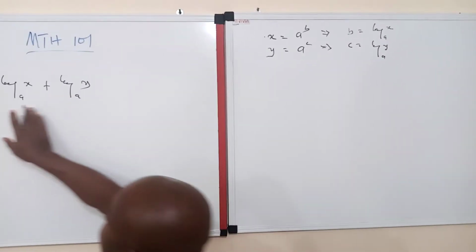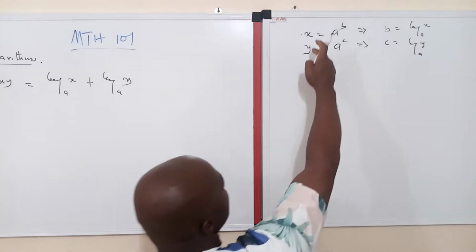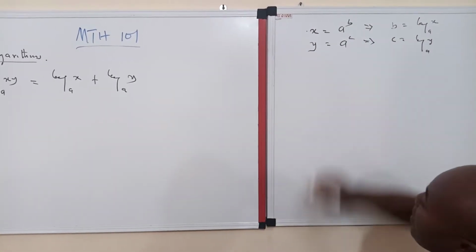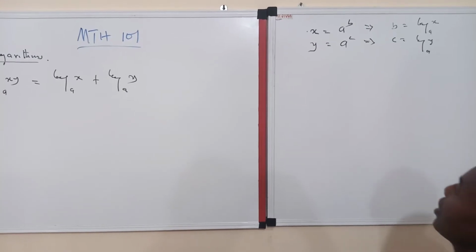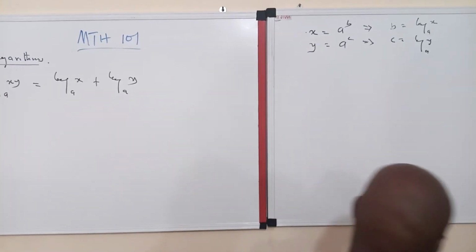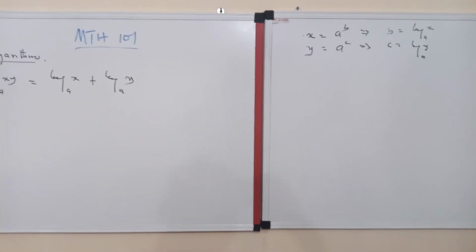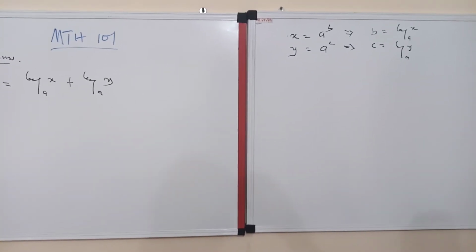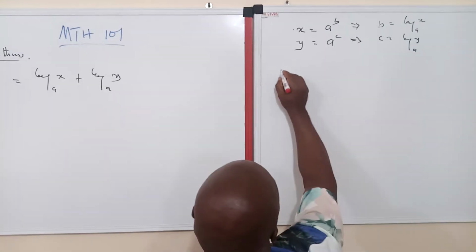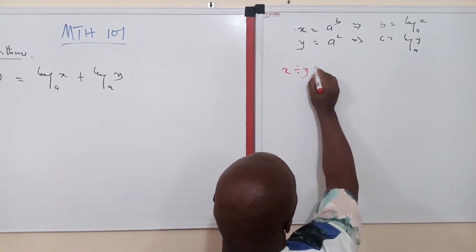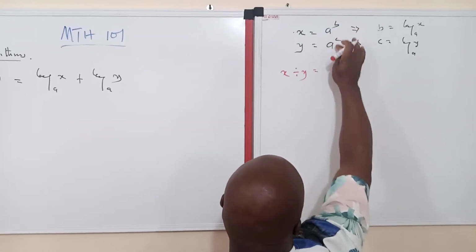Now, in getting to this point, we multiplied these two terms before we got this. In the second case, let's try to take the division of these two terms. Let's divide these two terms to see how the system will look. If we say x divided by y, then invariably we are dividing this by this.